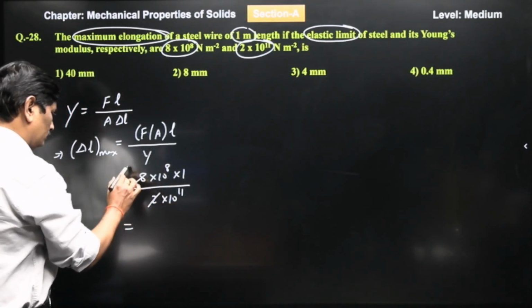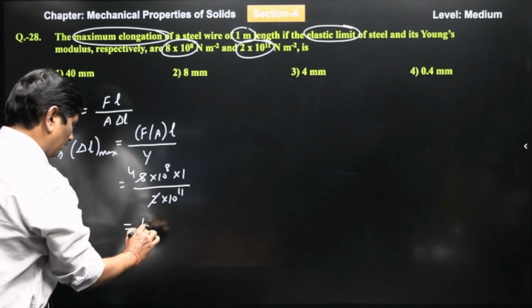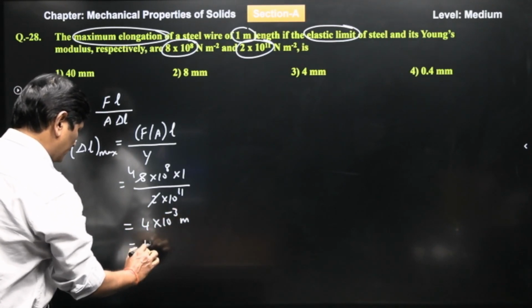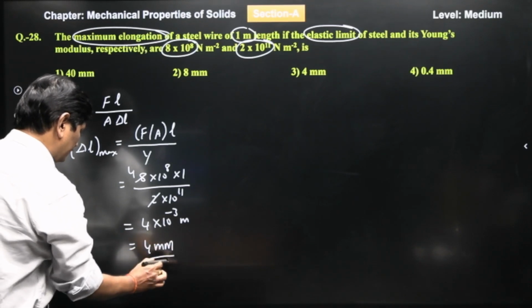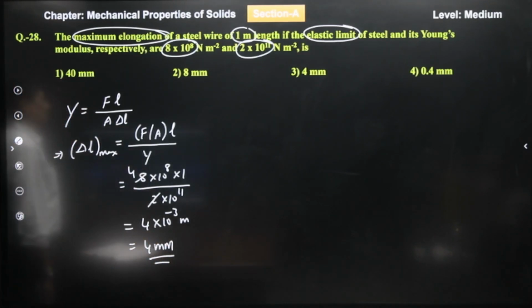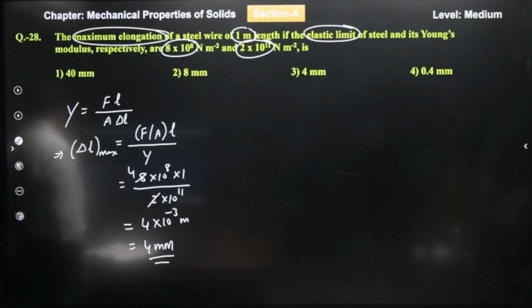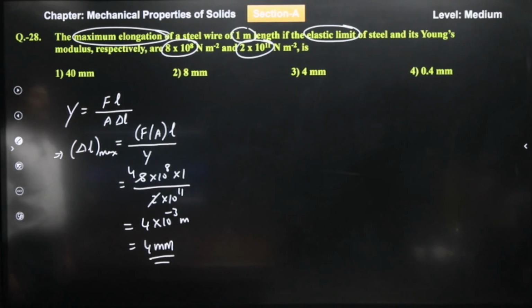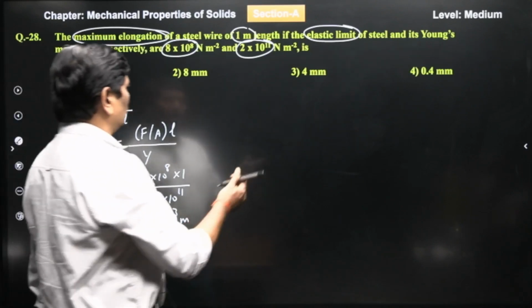So, 2, 4, and you will get 4 into 10 power minus 3 meters. So, it is 4 millimeters, that is it. So, our answer is the third option.